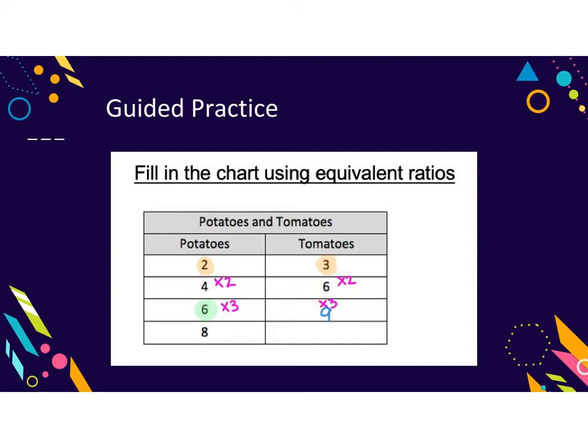So 6 to 9 would be equivalent to 2 to 3. And last we see 8 for the potatoes. So to get from 2 to 8, we multiplied by 4. So we could multiply 3 by 4, and we would get 12. So 8 to 12 is equivalent to 2 to 3.